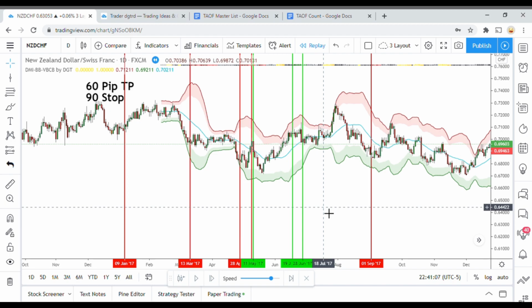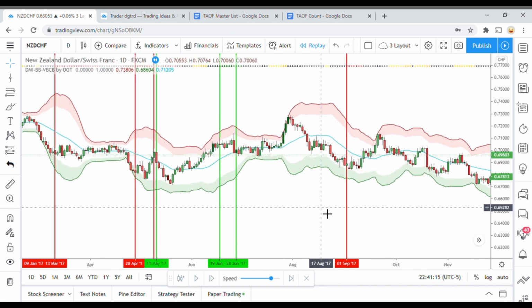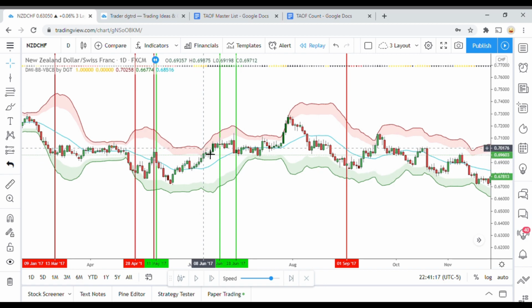And when we tested the Bollinger Band, if I remember right, we tested it as a reversal. So what we would look for is for price action to come up into, technically the band itself, but in this case, the cloud. So it seems to be coming up into the cloud.